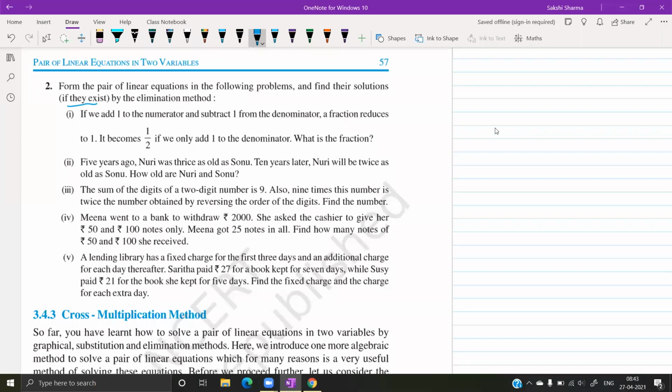To check that, you can apply the verification where you find the ratio of the coefficients of x, coefficients of y and the constants, and then decide whether or not the pair will have a solution.